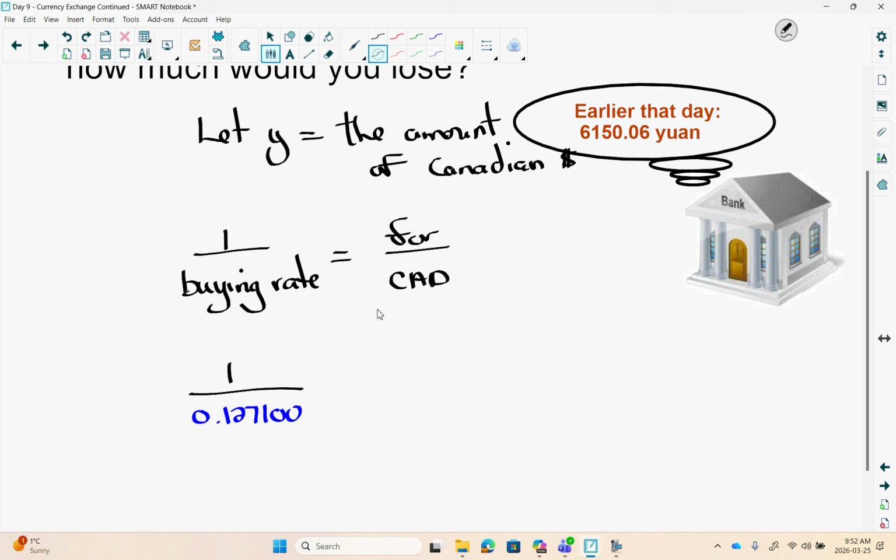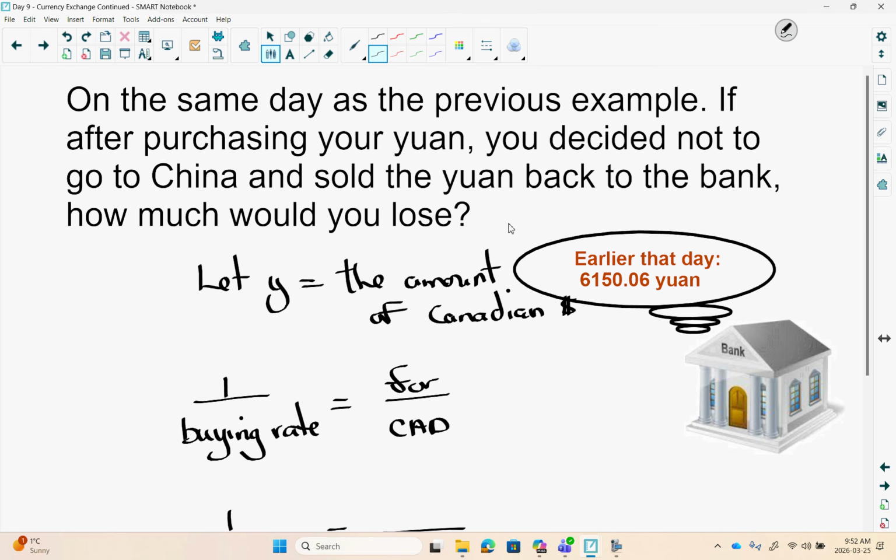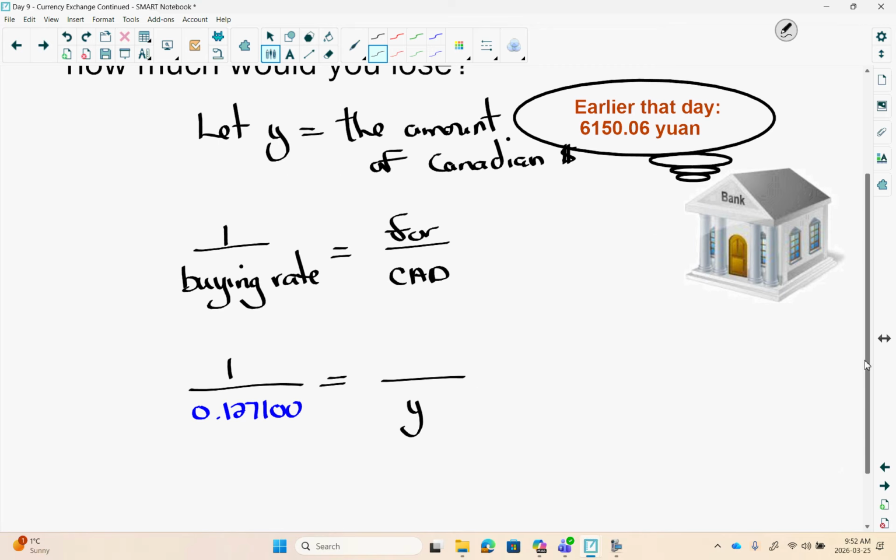It equals the foreign amount over the Canadian amount. I'm looking for the Canadian amount. Where do I put the Y? Numerator or denominator? In the denominator. What do I put up top for the foreign amount? Because there's really no number written here. Anyone know what it is?